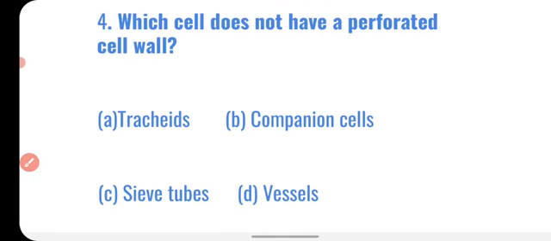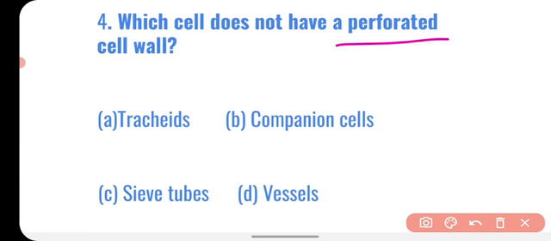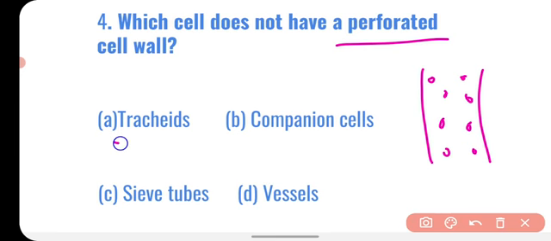The next question is, which cell does not have a perforated cell wall? Perforated cell wall means the holes and openings found in the cell wall. In the cell wall, the openings are there, pits are there, that is called perforated cell wall. The options are tracheids, companion cells, sieve tubes, vessels.